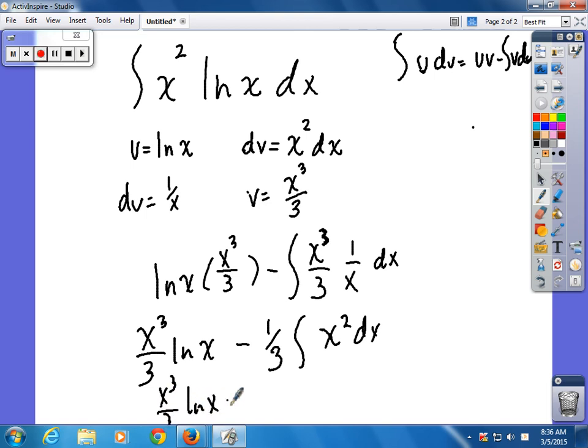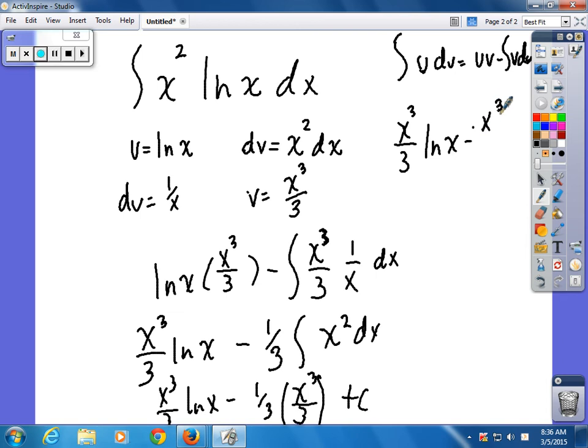Natural log of x minus 1/3, x to the third over 3, plus c. And final answer is x to the third over 3, natural log of x, minus x to the third over 9, plus c. You could factor out an x to the third over 3 if you wanted to.